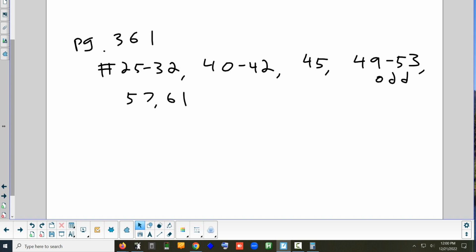So 25 to 32, that should be okay. 40 to 42, that's okay. 45, yep, that's fine. 49 to 53, that's okay. And then 57 and 61, we're not going to worry about those. Okay, so it's 25 to 32, 40 to 42, 45 and 49 to 53.